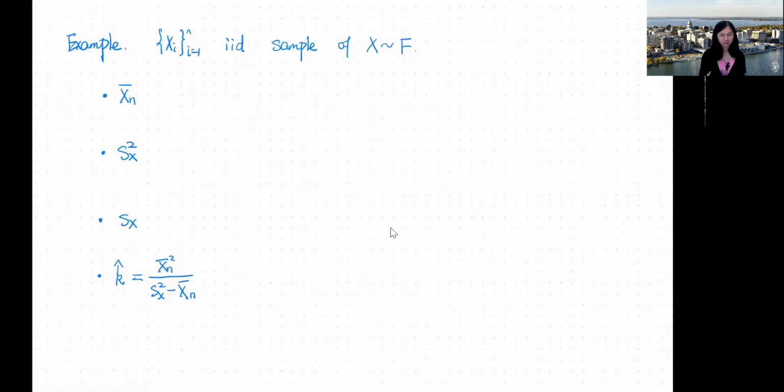So for example, again, consider an IID sample of X following the population distribution F. The sample average converges to the population expectation in probability by the law of large numbers. We can also assume that the variance of X is finite, so we can appeal to our law of large numbers.